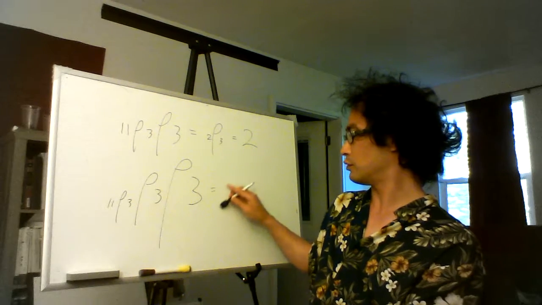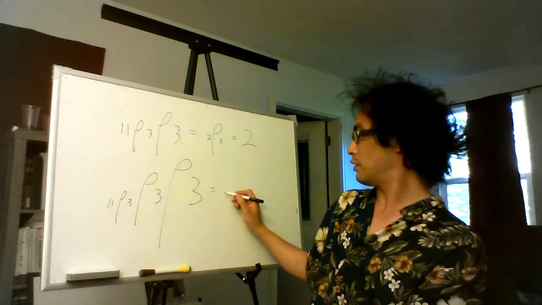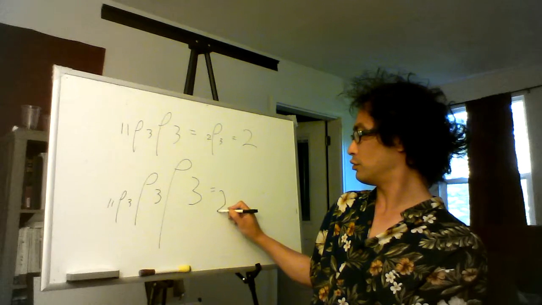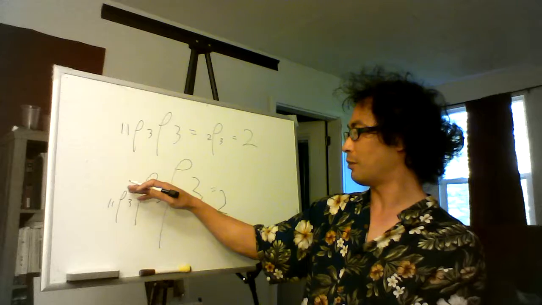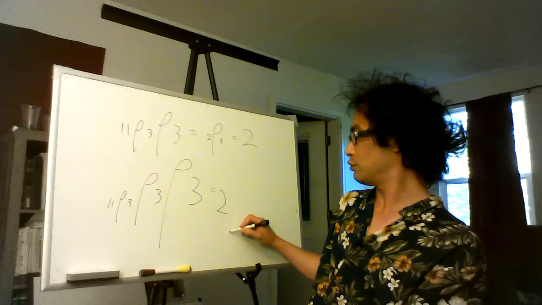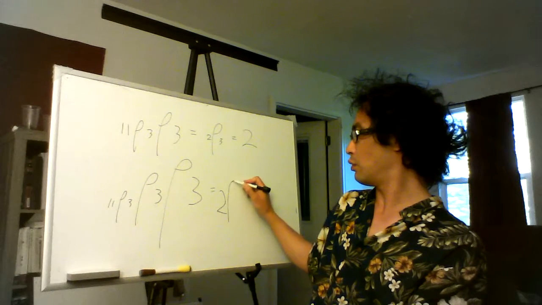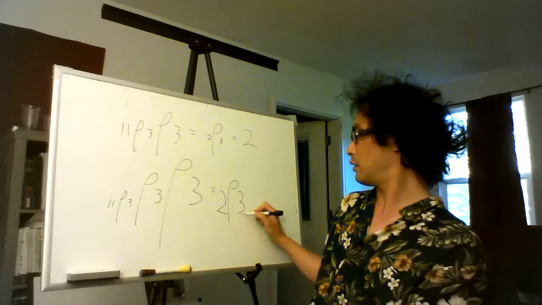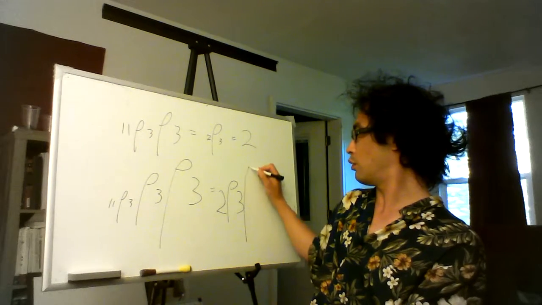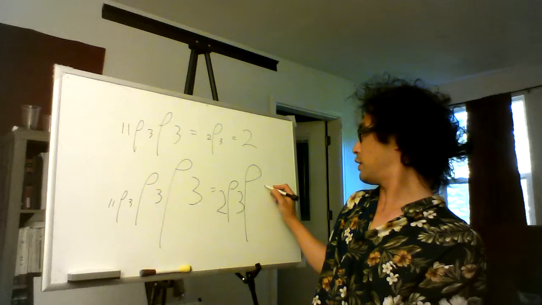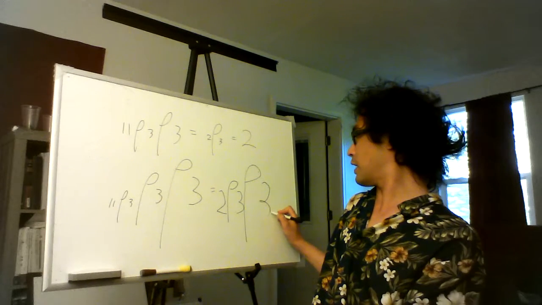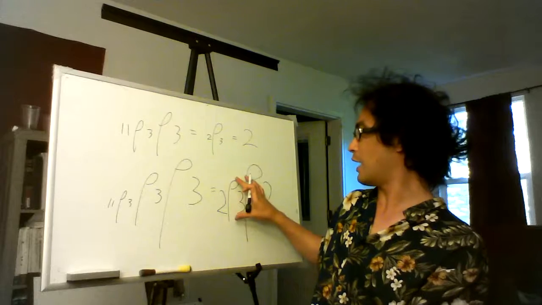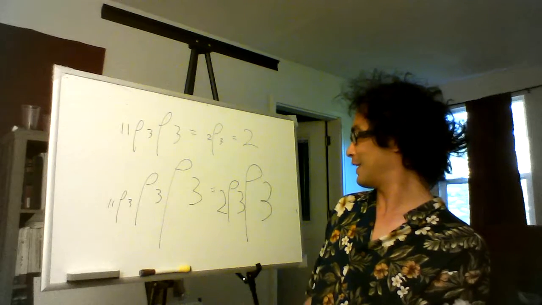We have to be very careful: 2 matching the lower limit, upper limit. 2 rho 3, and then you have bigger rho and 3 matching the height of this rho.